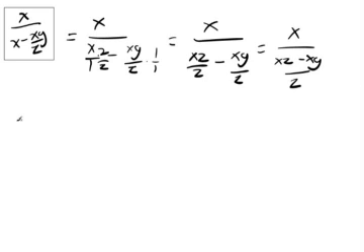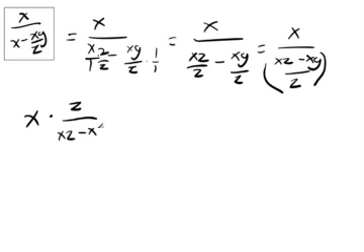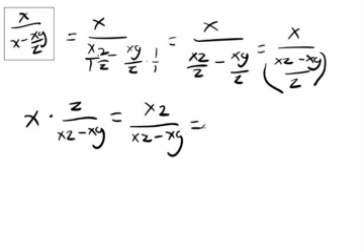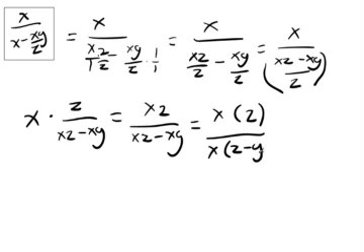That's important because a over b over c is sort of what you have right here. So let's go ahead, and using what we know, we can represent this as x times the denominator, which we're going to flip over, z over xz minus xy. And that gives us xz over xz minus xy, which is the same as saying x times z over x times z minus y.